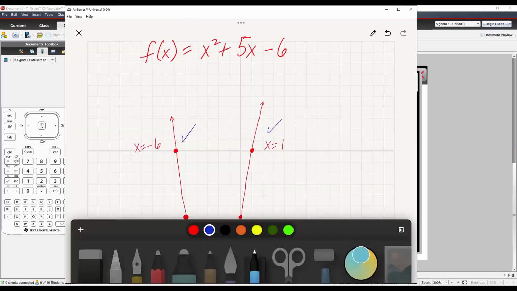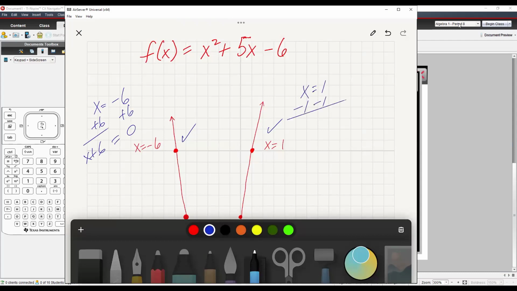Now, the reason this is important is, once you have the zeros, then you know what the factors are. So let me show you what I mean. So this one is x equals -6. All you're going to do is set that equation equal to 0, and the way you do it is you add 6 to both sides. And what you're going to have now is x plus 6 equals 0. And then over here, we're going to start with x equals 1, and then we're going to subtract 1 from both sides.